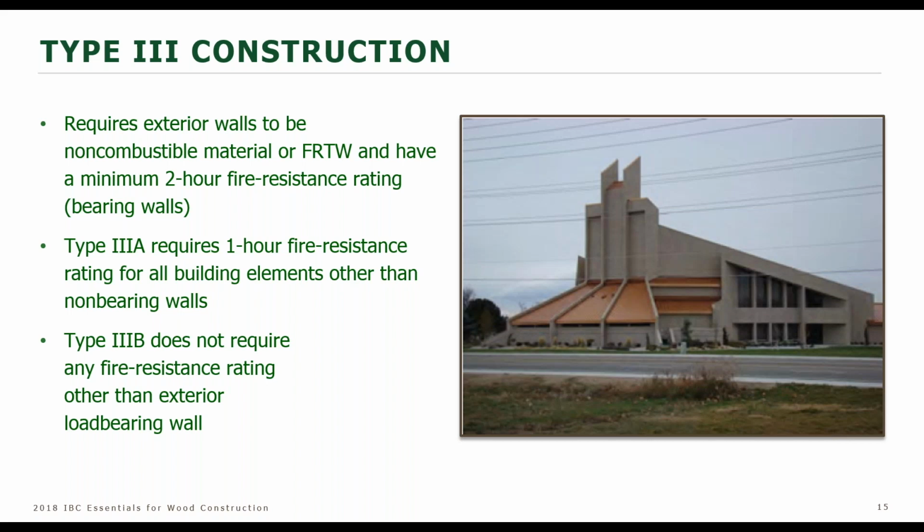It's important to remember this is where this construction type came from. It was describing a particular mode of construction that had performed well to add some boundary or fire resistance at the perimeter of the building, but otherwise was wood or heavy timber.